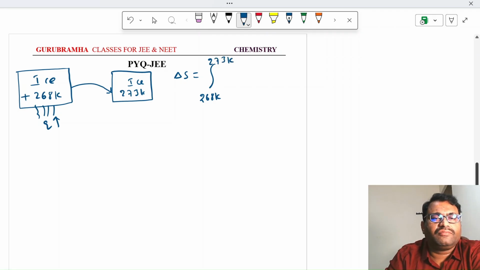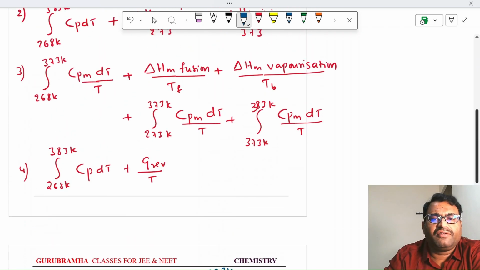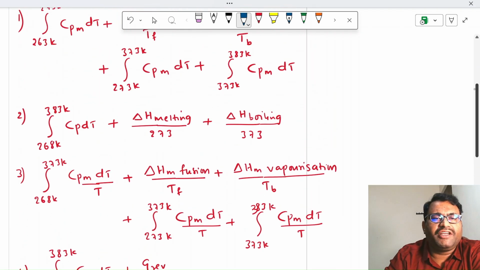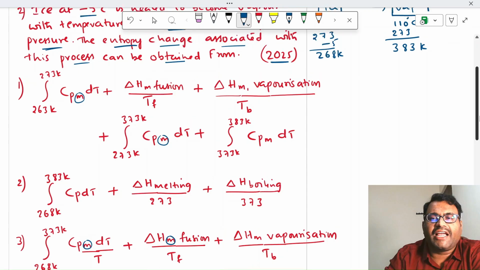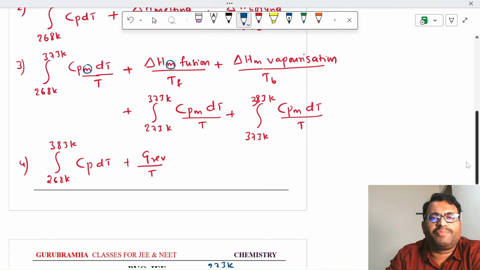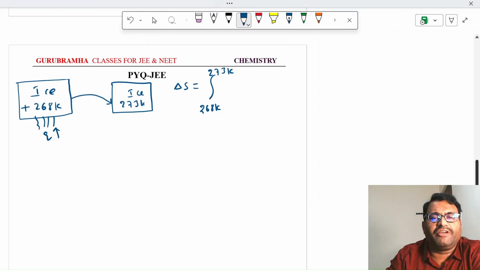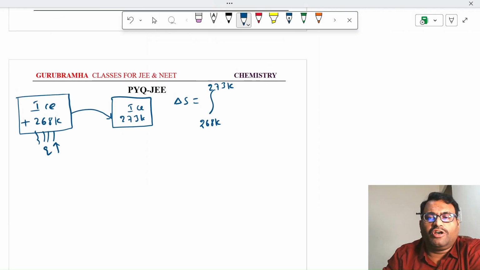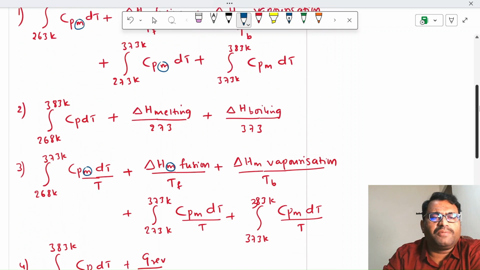The amount of the substance is not mentioned. If you take 1 mole, in the options you can find M. M represents molar, so when we speak about molar, the substance is 1 mole. You could use n also, but in the options we don't find n.